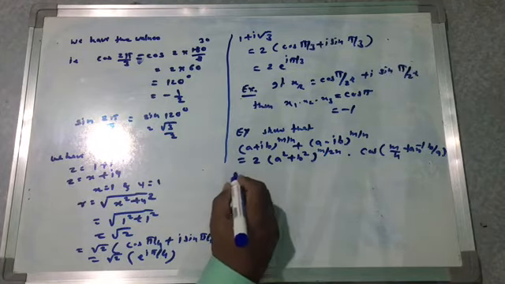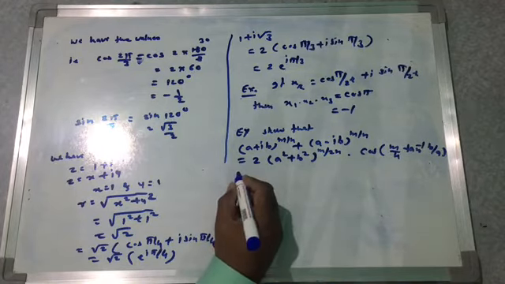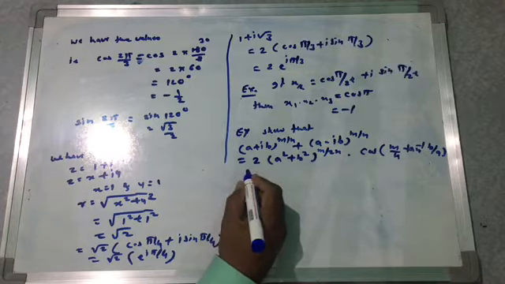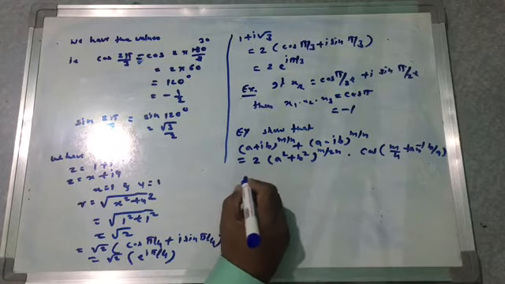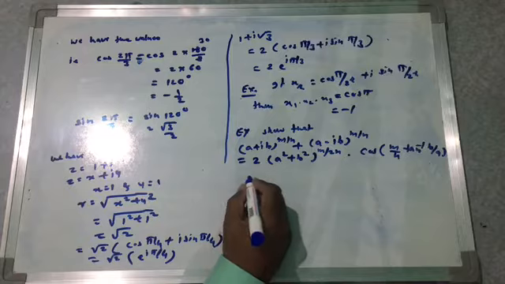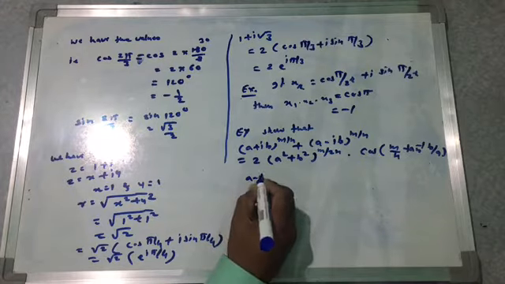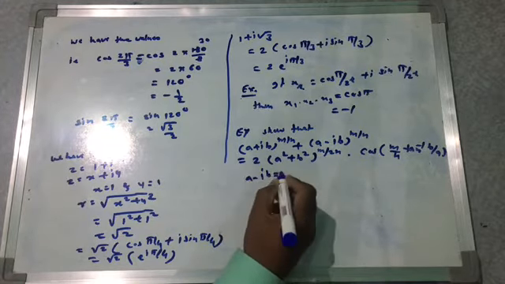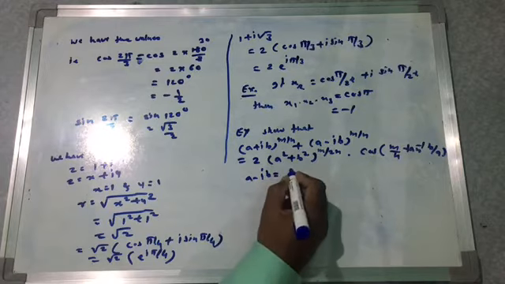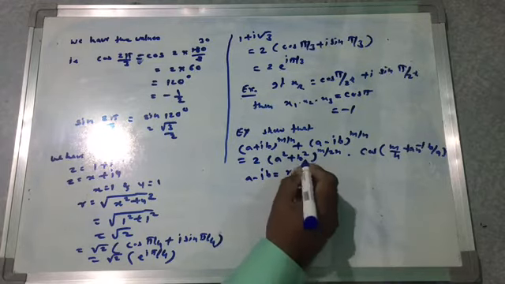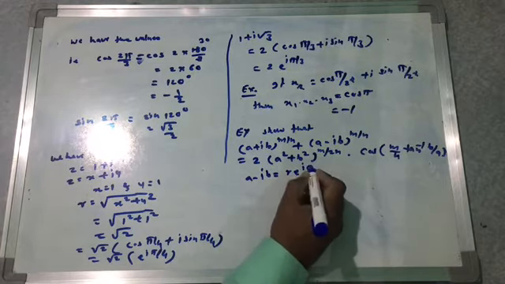It means we can write this for a plus ib is equal to r into e to the power i theta.